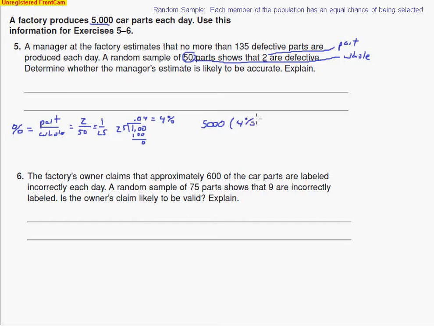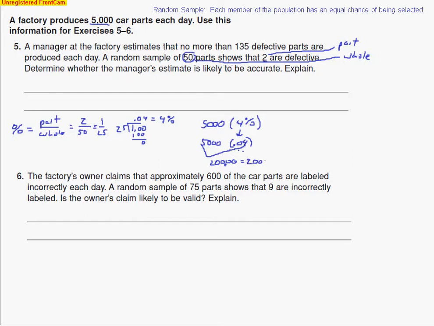But remember, when we're dealing with a percent, we have to change it to decimal form. So I'm going to use 0.04 and multiply it by the 5,000. I just do 5 times 4, and that gives me 20. Then I bring down all these zeros, so 1, 2, 3 zeros. But then I have to move the decimal back 1, 2 spaces. See how there's 2 spaces there? So that moves it back right there. So the number I get is 200.